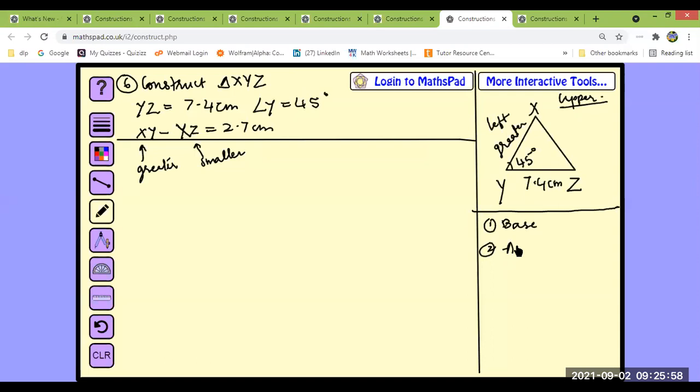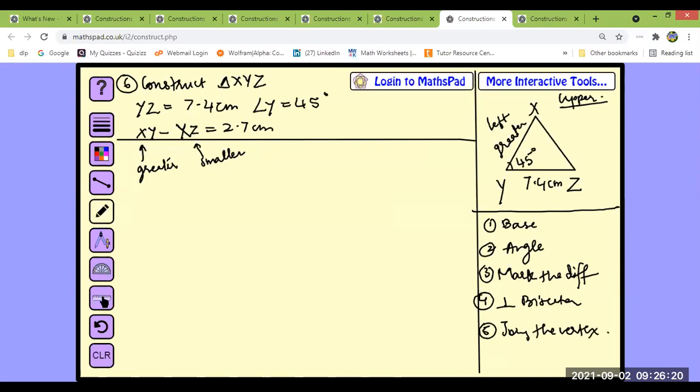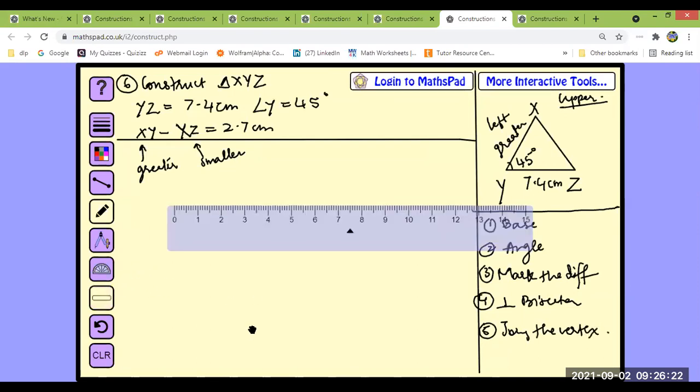Step 2, draw the angle. Step 3, mark the difference. Correct? Once you mark the difference, you have to draw perpendicular bisector, and then finally you get the last vertex, joining which completes the construction.